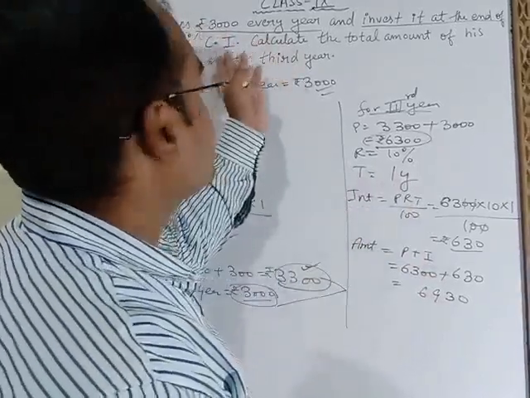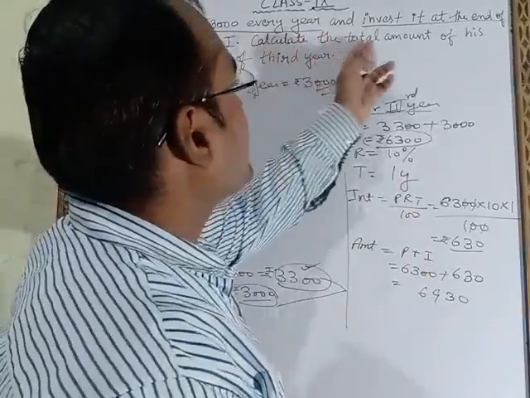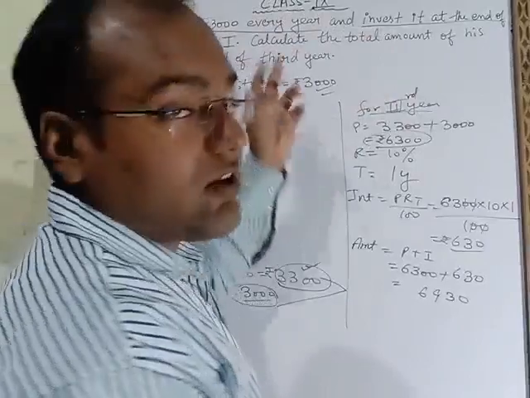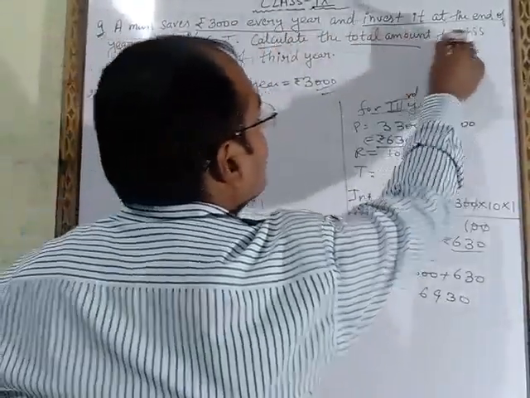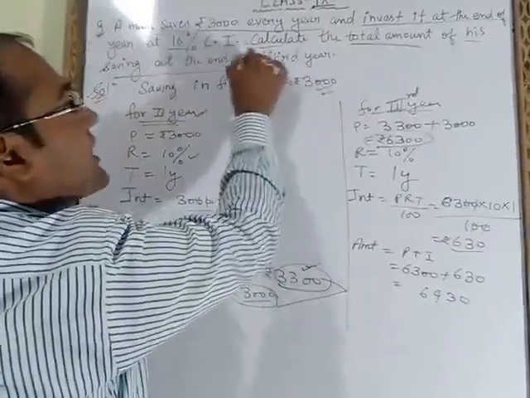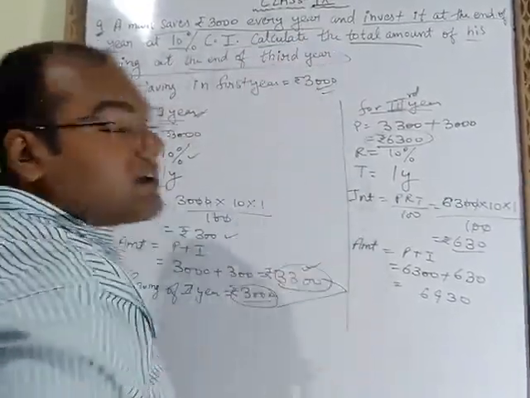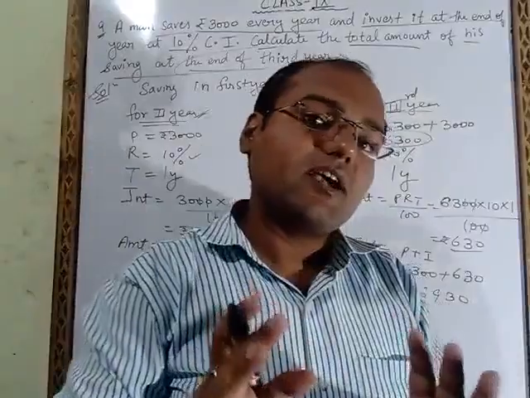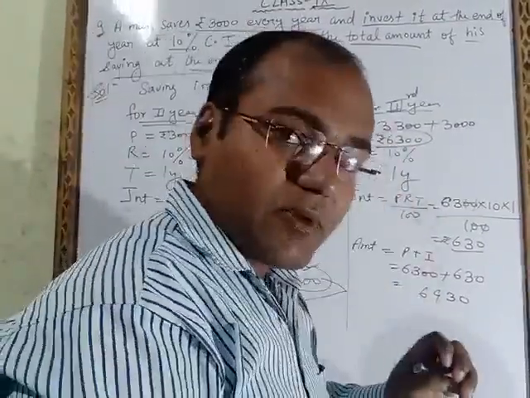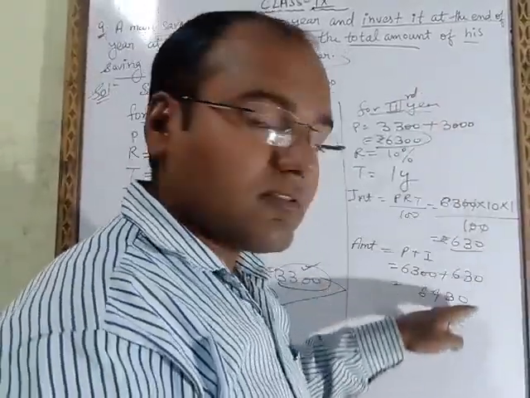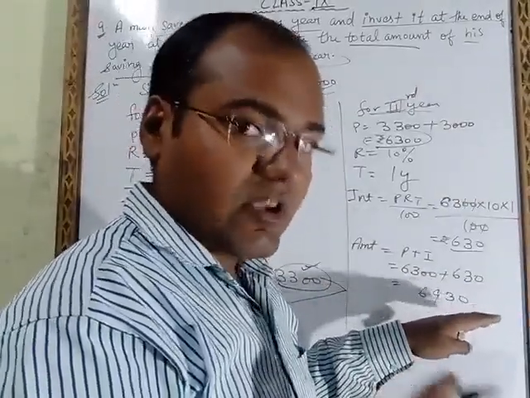Now what is he asking in the question? Calculate the total amount of his saving at the end of the third year. What he is saying? We have to calculate the total amount of his saving at the end of the third year. So this much amount he got from his investment, but for this third year he had done saving also.